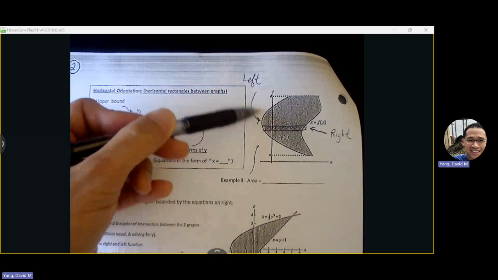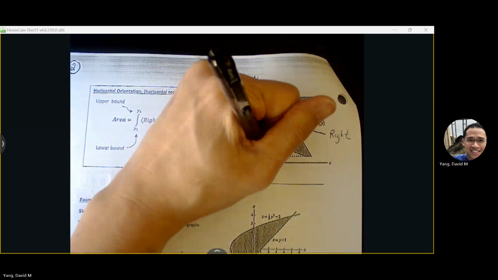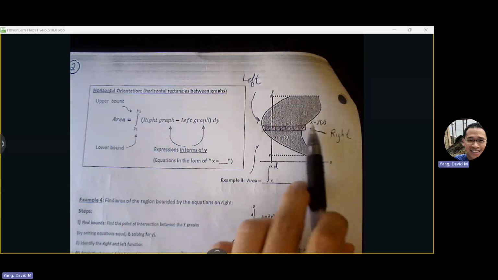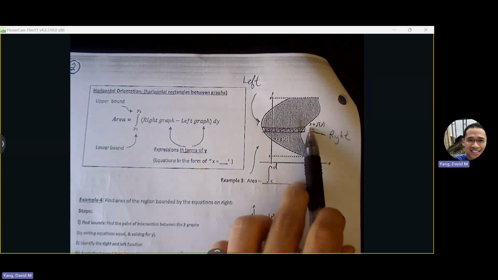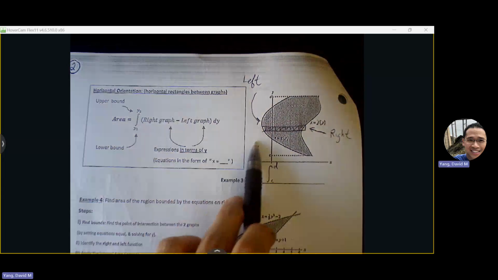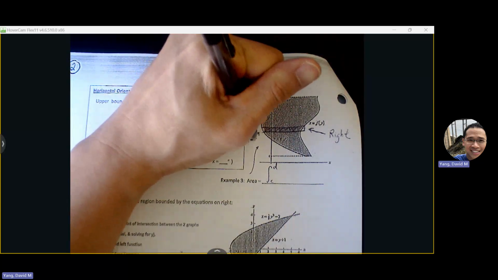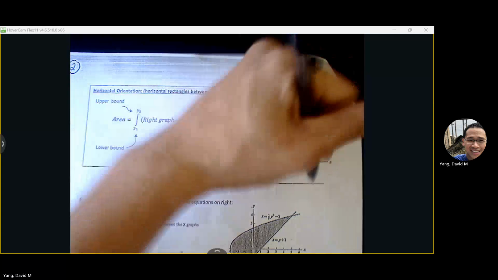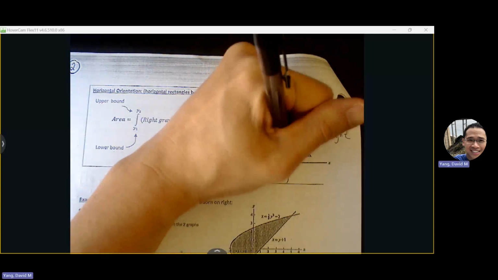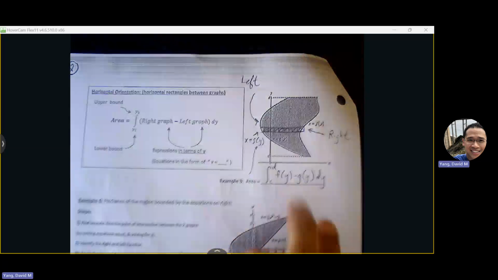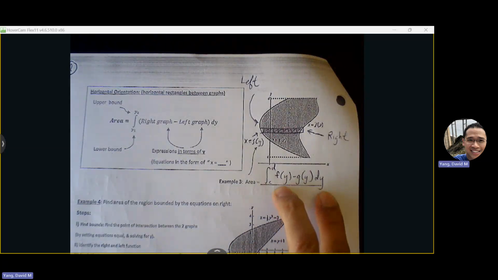So lowest is c, highest is d. So the integral from c to d. And then right minus left. Right is the f of y. Left is, it's hard to see here, I meant for this to say g, x equals g of y. So it's f of y minus g of y dy. Everything is in terms of y.